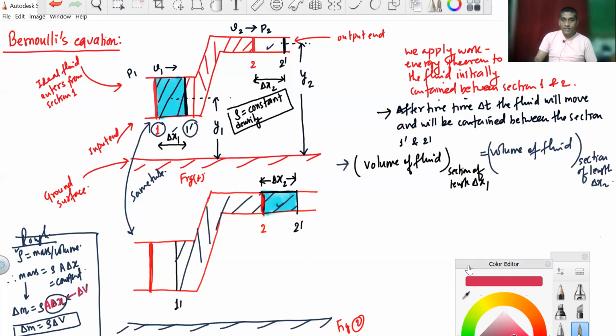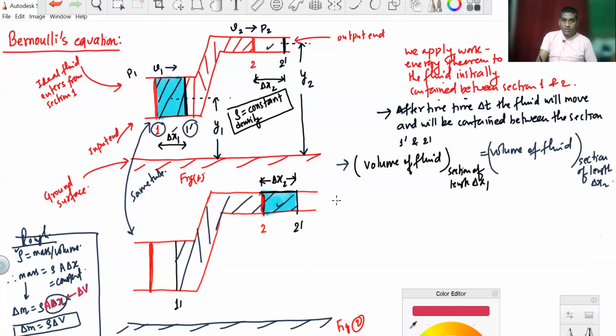Therefore delta m, which is mass, and this is constant. So let us write in this way, using this relation. At section 1 we have rho, because we know density is constant.